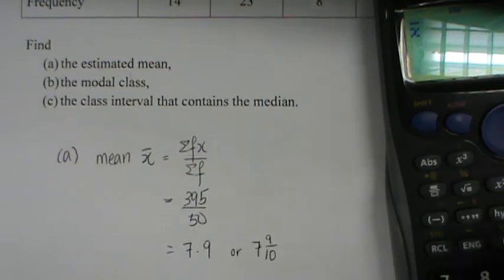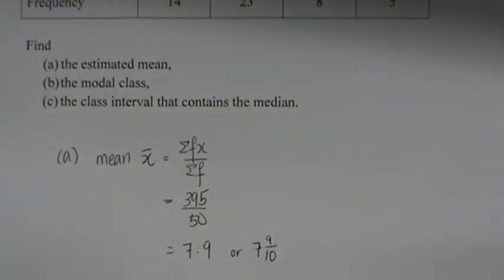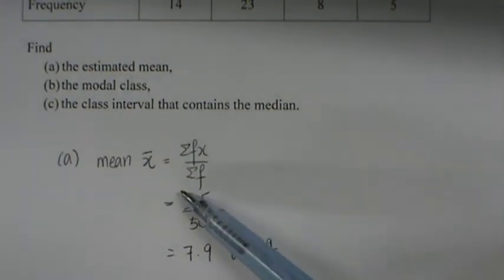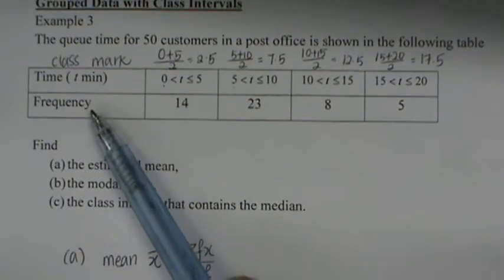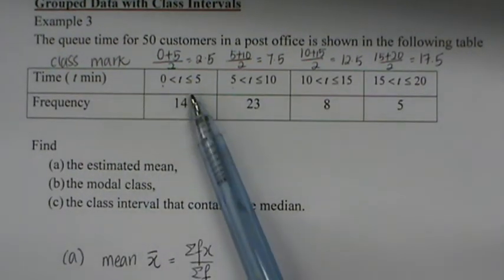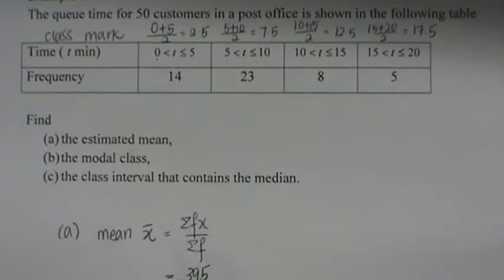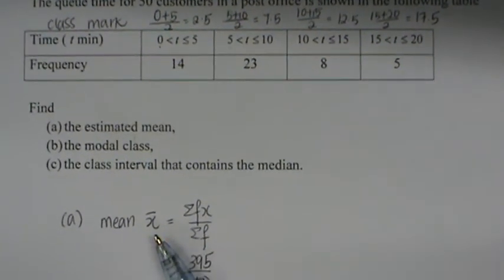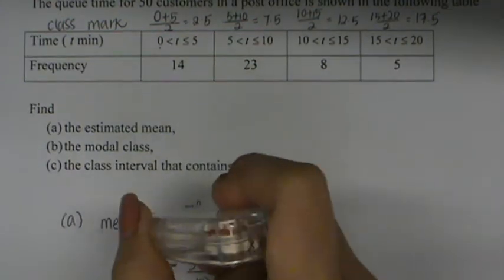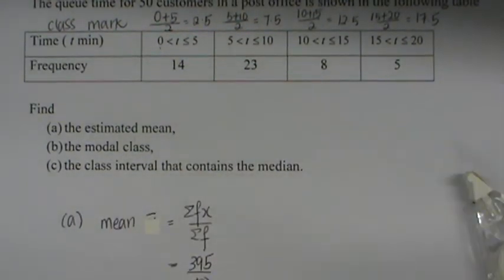Alternatively, you can also choose to write your answer in terms of a fraction. Now, let us take a look at our data again. In this case, I have time t minutes, and all these intervals are t values. Is it correct for me to be writing X bar, or should I write it as T bar? You're right. In this case, we are supposed to change this and write this as T bar.